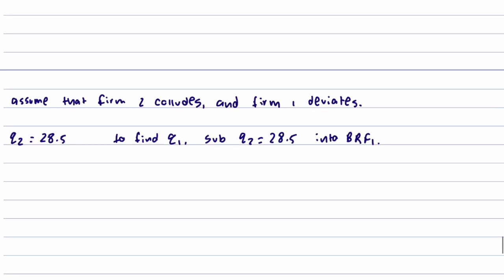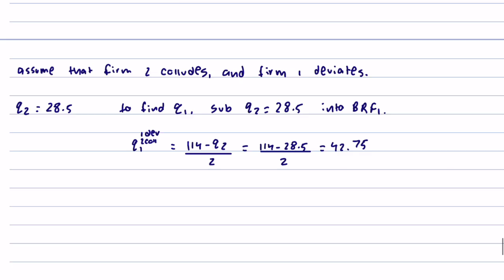Therefore, Q1, when 1 deviates and 2 colludes, is equal to (114 minus Q2) over 2, which is equal to (114 minus 28.5) over 2, which is equal to 42.75.